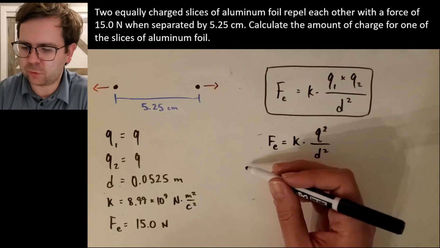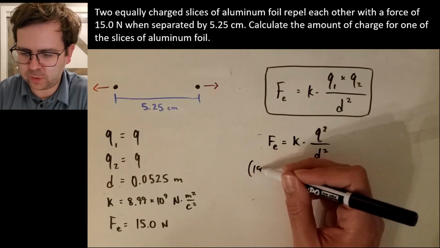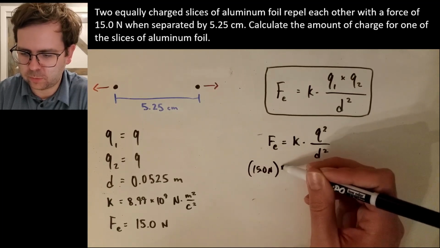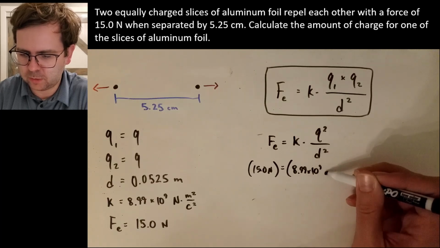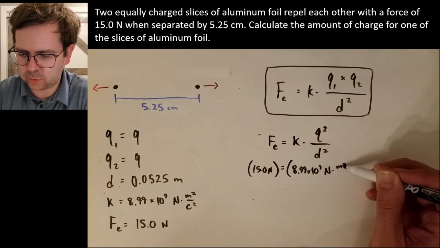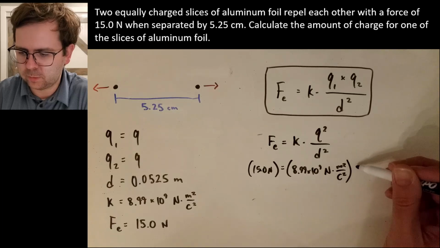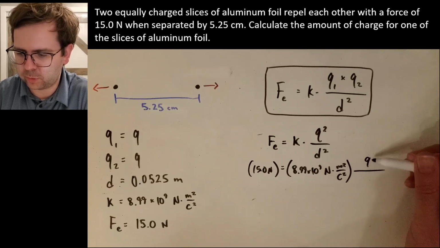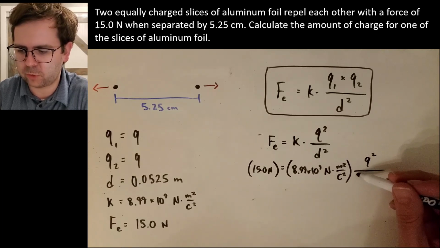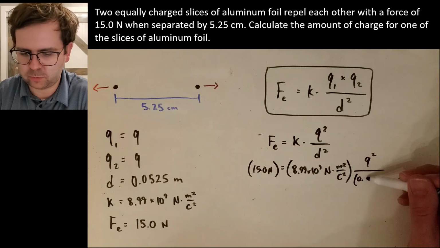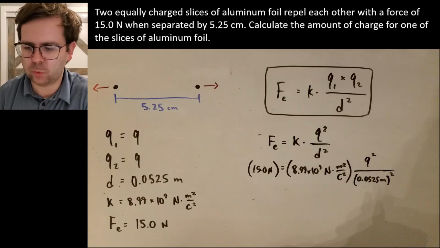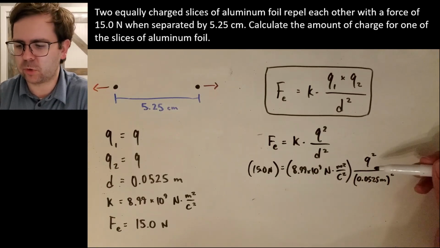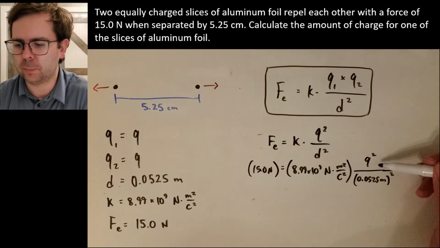So I'm going to substitute in my force, which is 15 newtons. K is 8.99 times 10 to the 9 newtons times meter squared over Coulomb squared. And then we of course don't know what Q squared is. We're going to be solving for that, but the distance is 0.0525 meters squared.